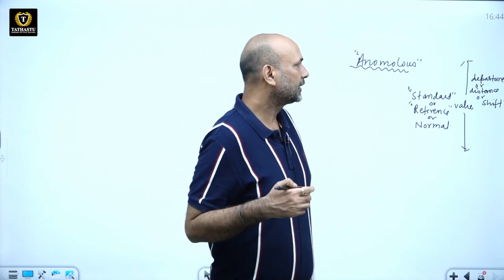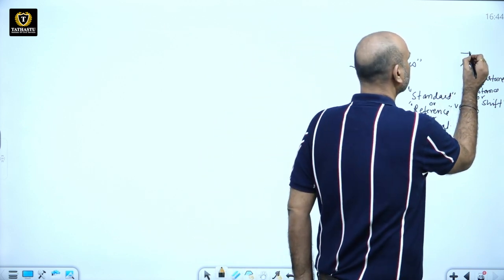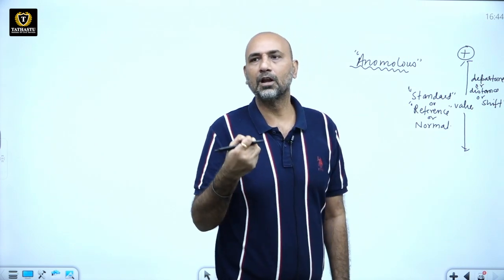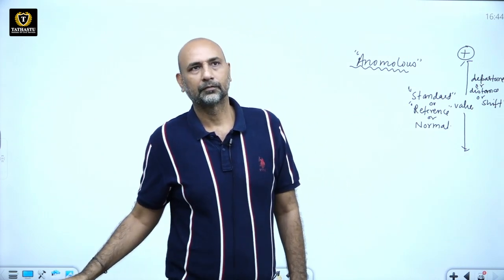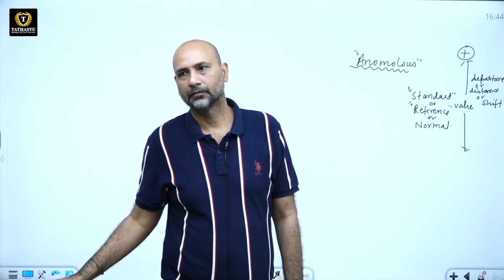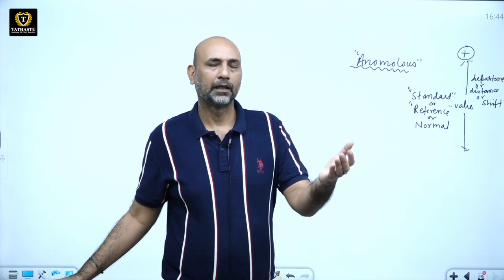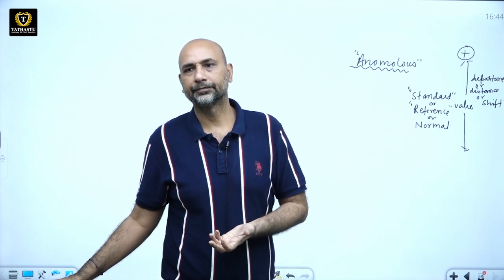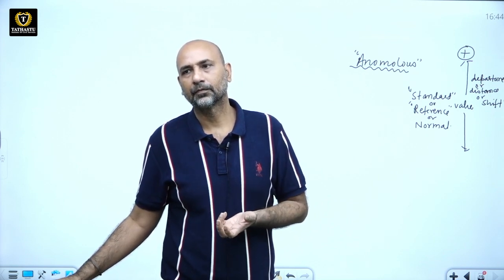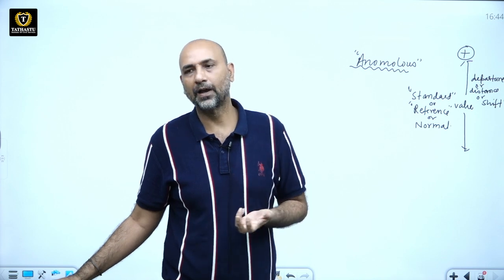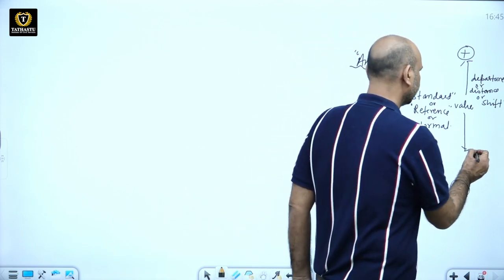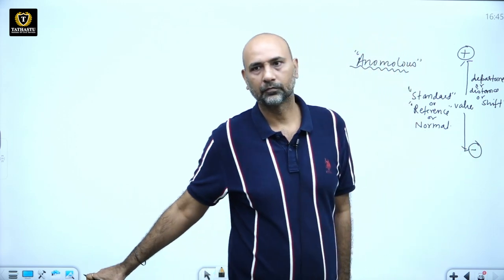If the shift or departure or distance is on the positive side of the standard value or reference value or normal value, that is called positive anomaly. And if the shift is on the negative side of the normal value or standard value or reference value, that is described as negative anomaly.